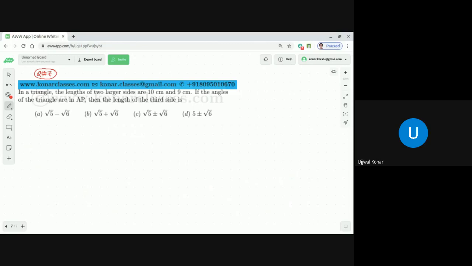So in this question, it's given that in a triangle, the lengths of the two larger sides are 10 centimeter and 9 centimeter. If the angles of the triangle are in AP, then we need to find the length of the third side.